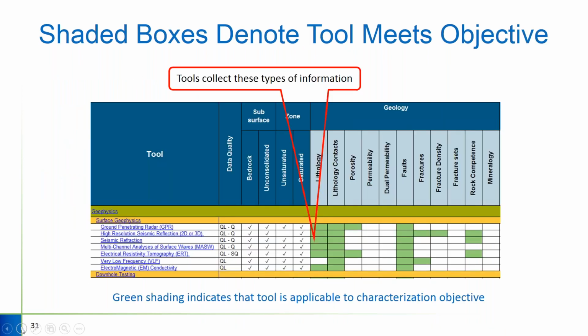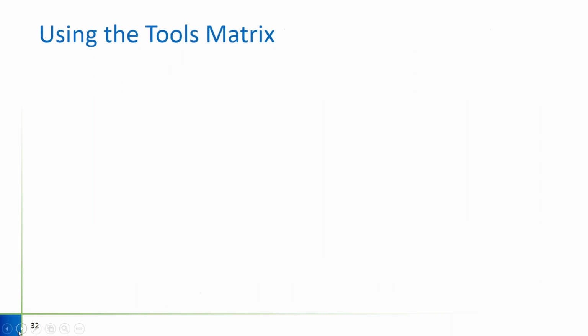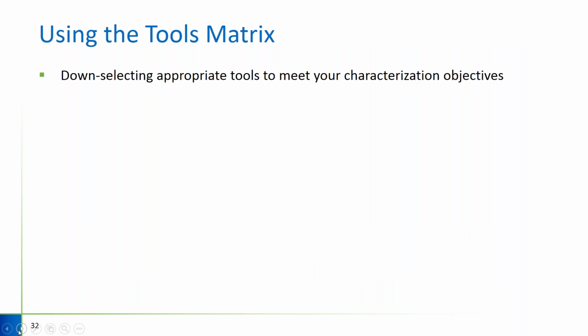So once you come up with a set of searches and you click the search button, then you get a result that might look like this. And the green boxes means that that tool collects that kind of information. So here's an example.